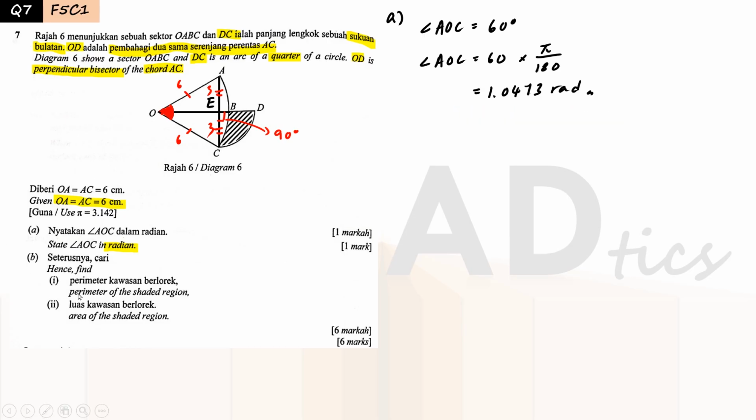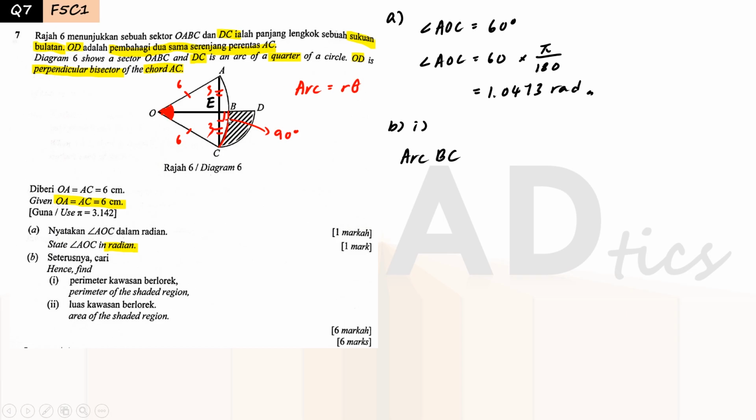For part B1, we need to find the perimeter of the shaded region, which is here. So we need to find the length of 3 lines, BC, CD, and BD, right? So let's start off with line BC, or arc BC. Since this is an arc, we can use the formula in this chapter, which is r multiplied by theta, radius multiplied by the angle in radians.